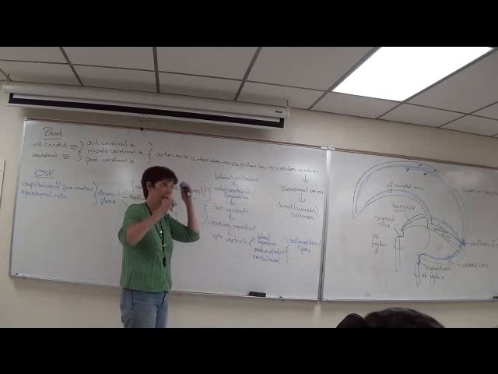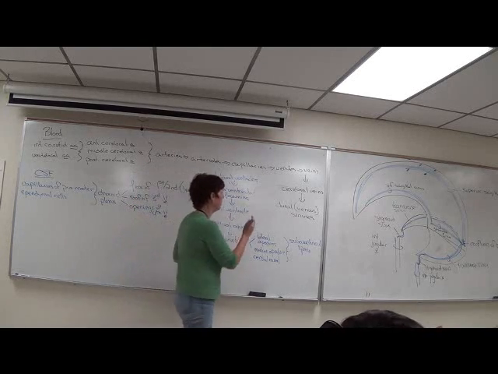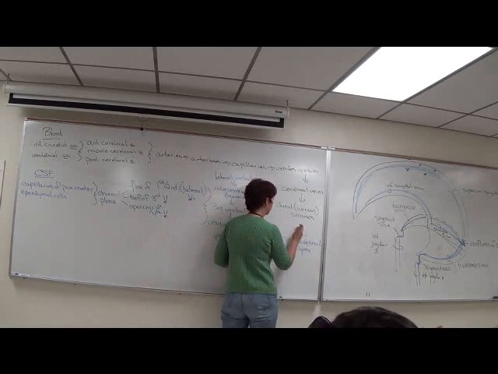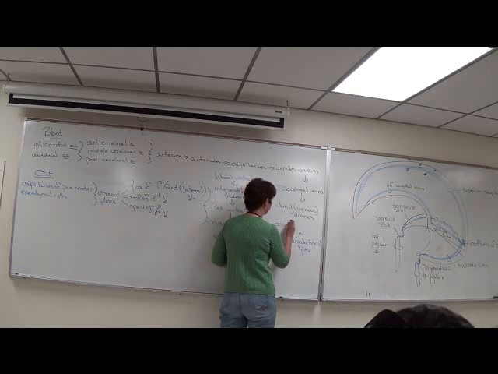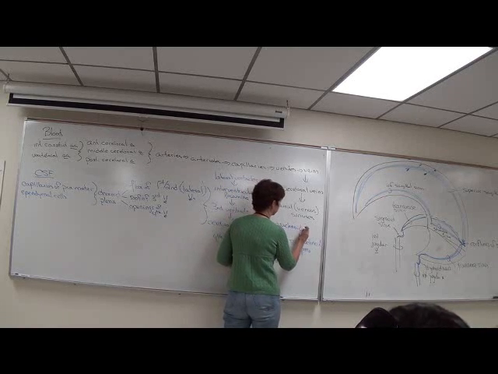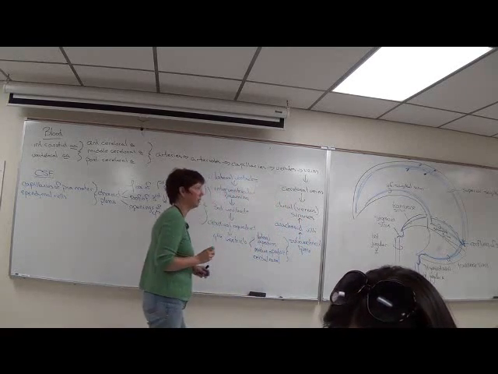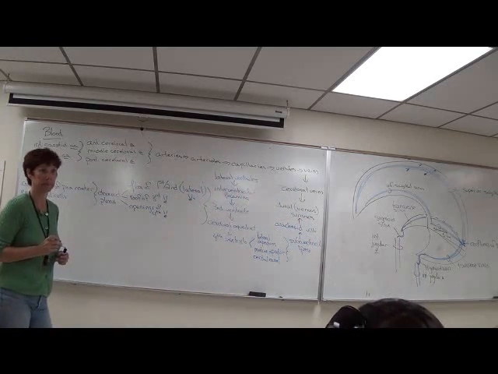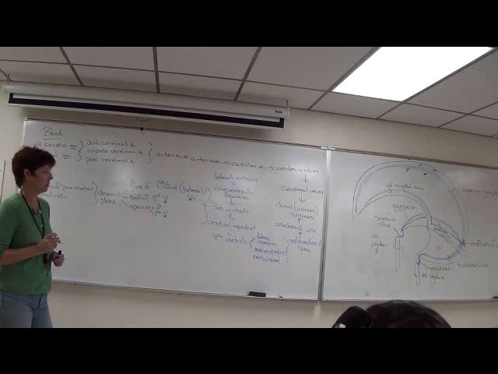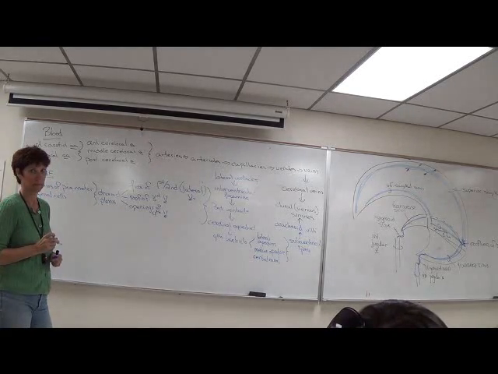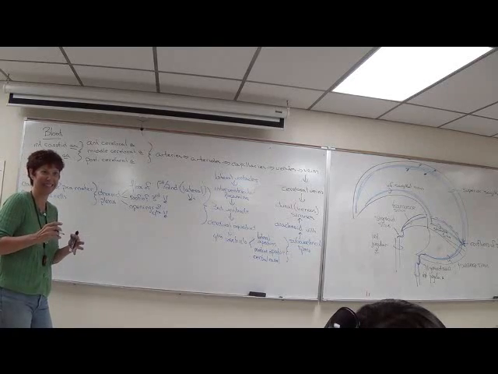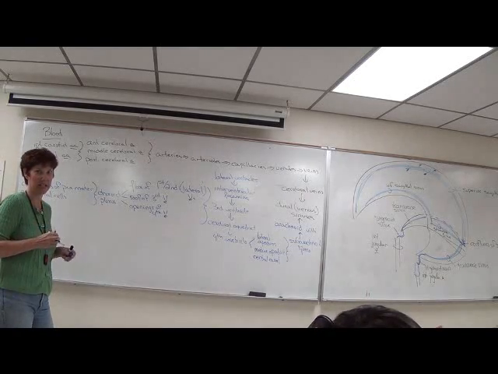It circulates around the last picture that I had up on the board, and then it will cross through the arachnoid villi and enter into the dural venous sinuses. Kind of like a concept map with words. And the locations it goes through.